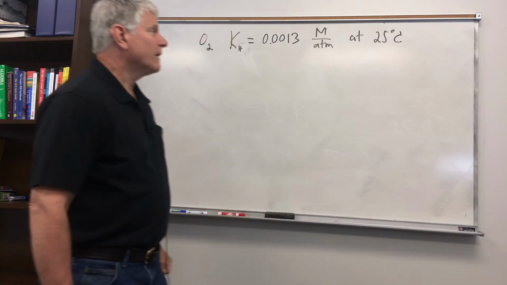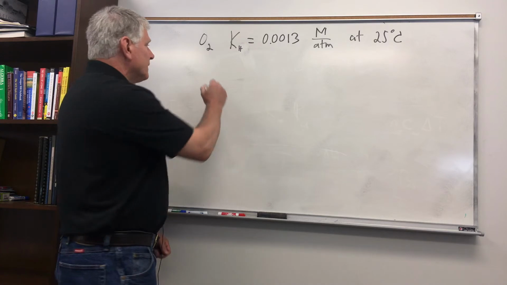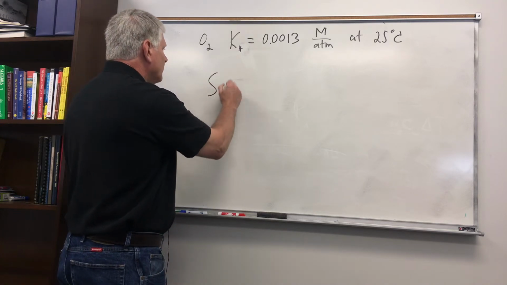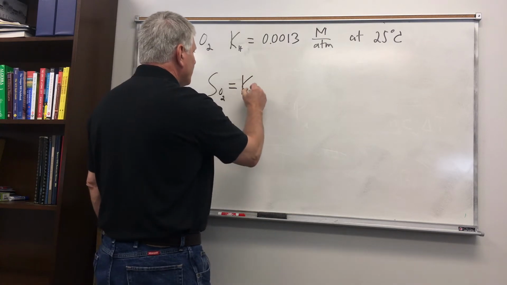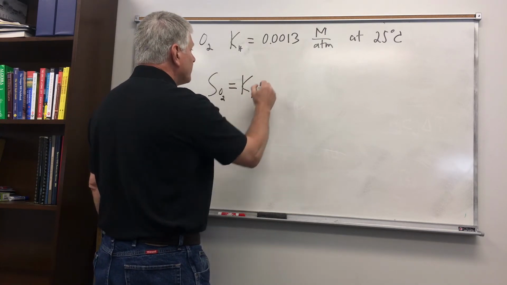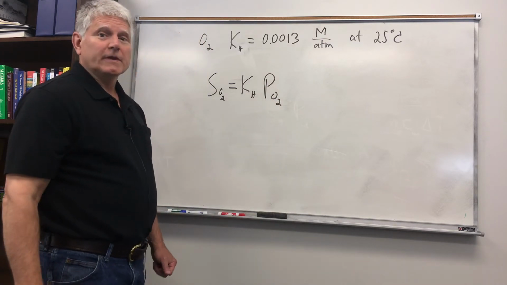So I've picked 25 degrees centigrade from a table. The solubility from Henry's law for oxygen is equal to Henry's law constant for oxygen times the partial pressure of oxygen in the air.